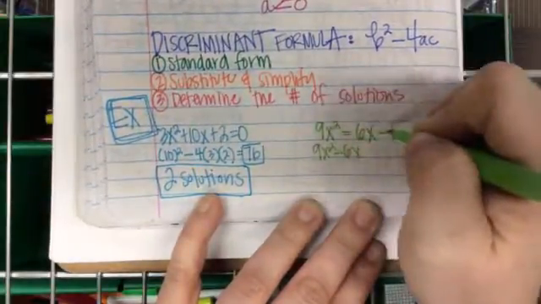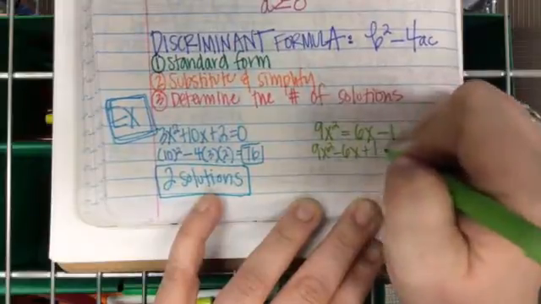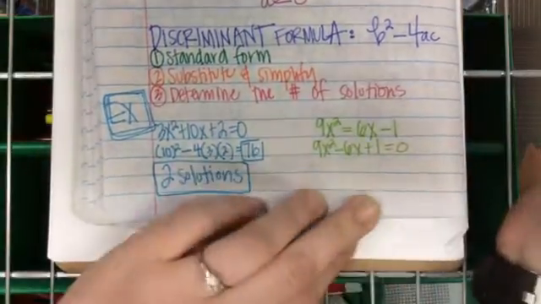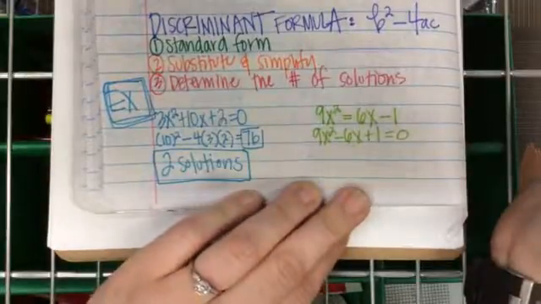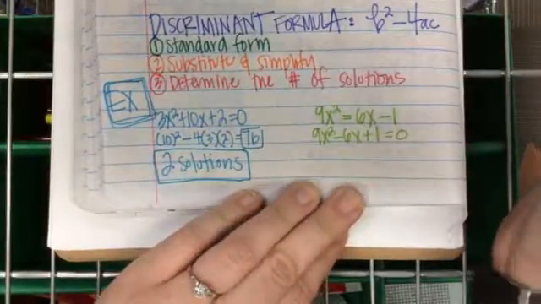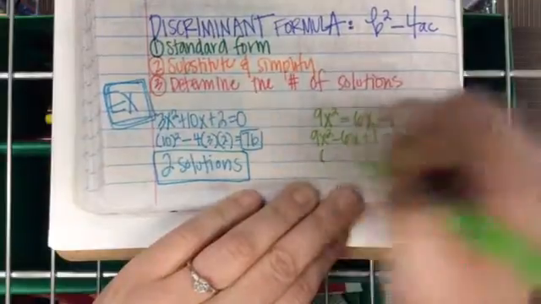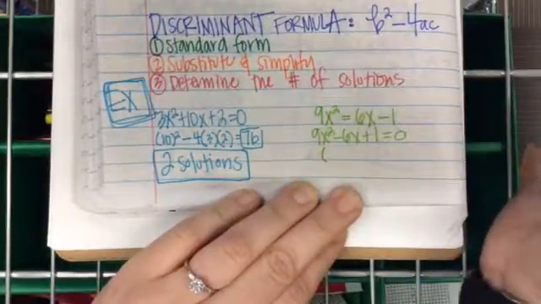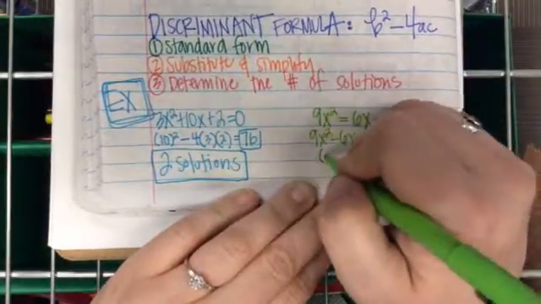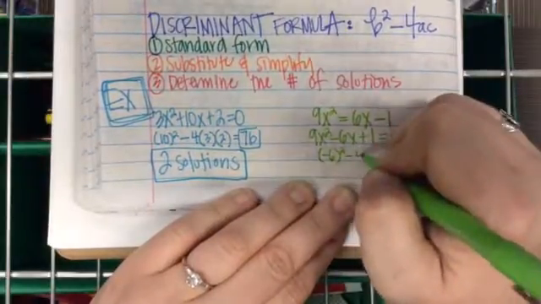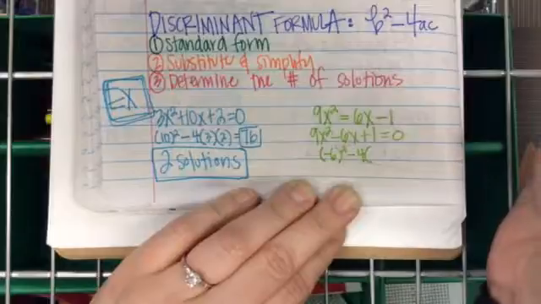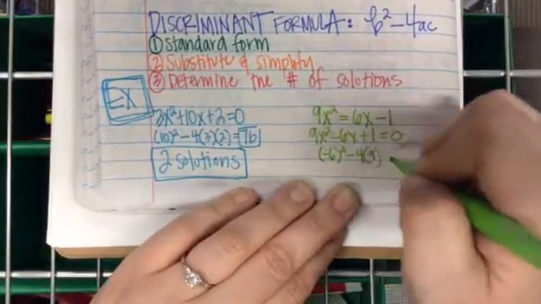You have to move these two across, so you do inverse operations. All right, so again, please don't forget, anytime you substitute, use parentheses. So my b value is now negative 6 squared minus 4, what's my a value? 9, what's my c value?